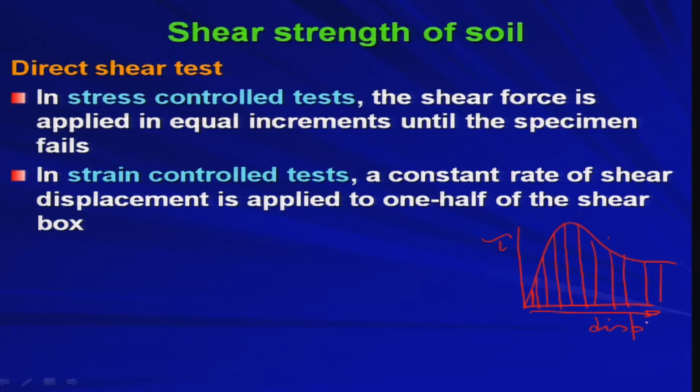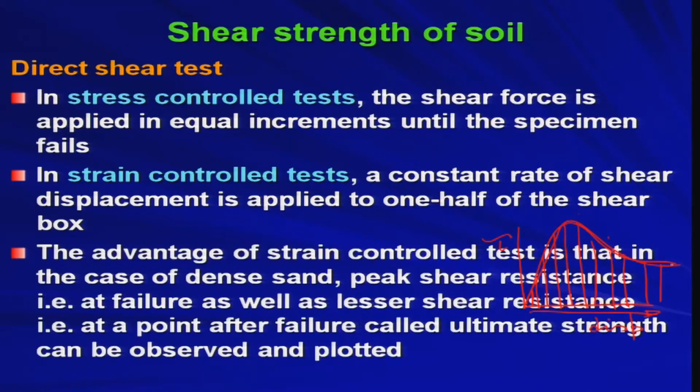If you continuously increase the displacement, you will be able to capture the whole curve, whatever was not possible in case of stress control test. In case of strain control test, now you are able to capture the whole portion of the stress strain curve, right.